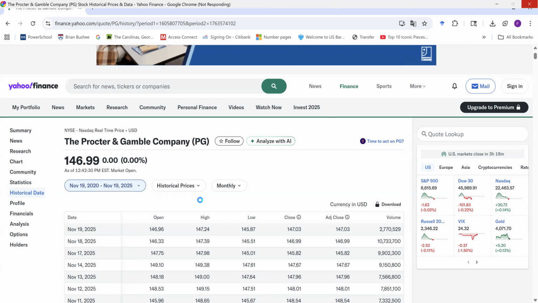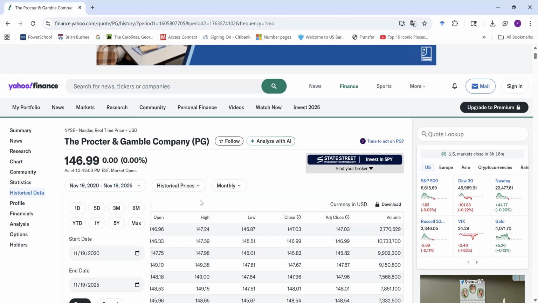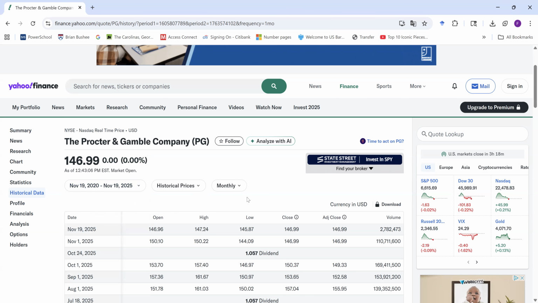While waiting for the page to load, what I wanted to show you through adding Procter and Gamble, or another company with lower volatility, is how this is going to show on that graph, and how it's also going to be reflected through data. So now I have the values that I needed.